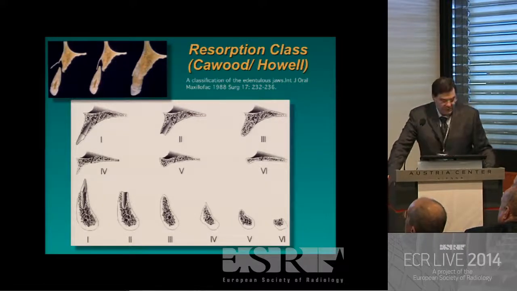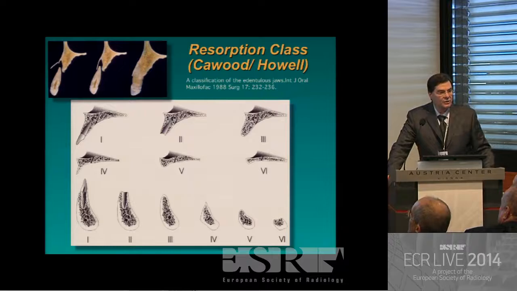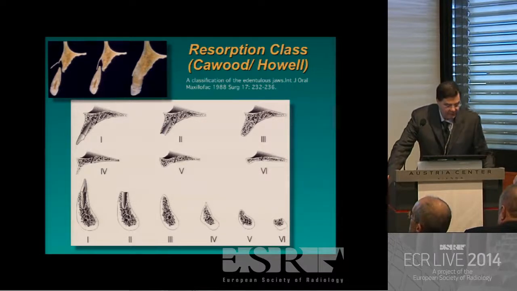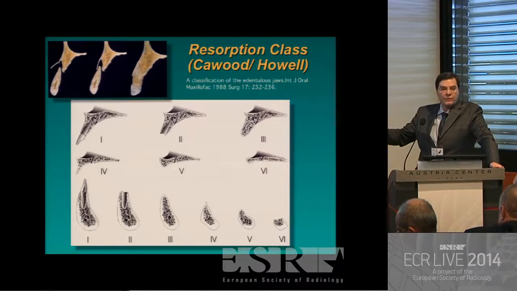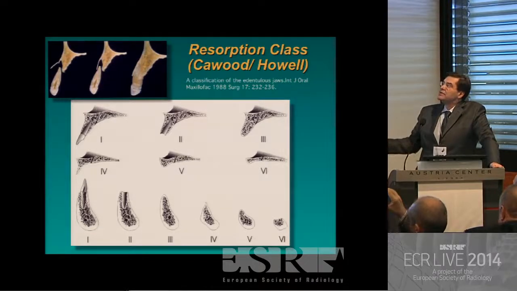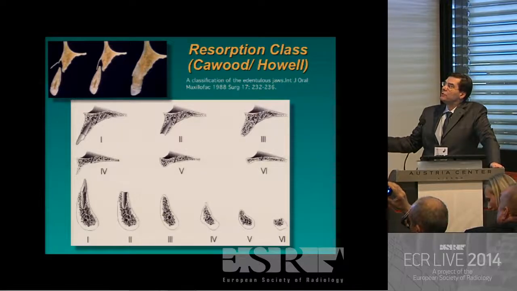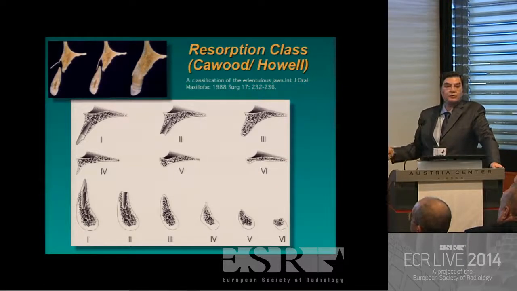To evaluate this, we have the resorption classes which we use, which demonstrate the atrophy in class 1 to 6. This is just a process which doesn't go from 1 to 2 to 3 and so on. It depends. After you lose your tooth after extraction, if the whole alveolar ridge is mineralized, you get a class 3, which is the best for putting an implant inside.